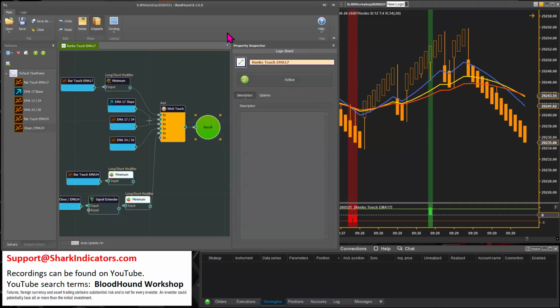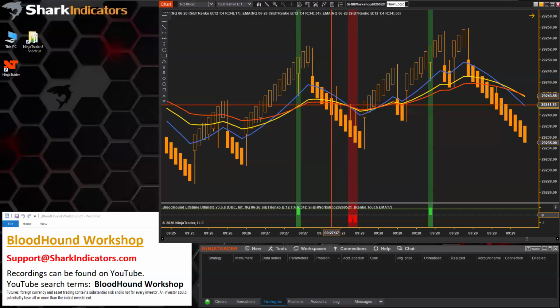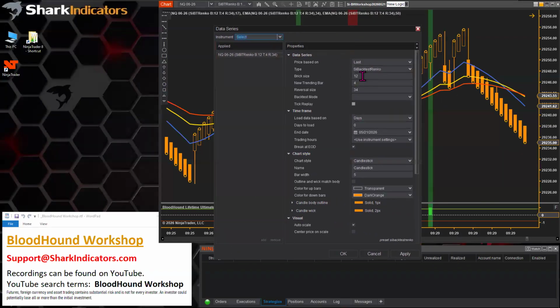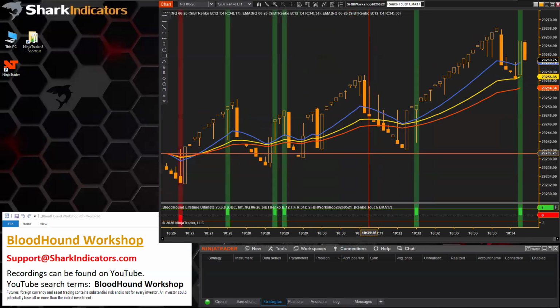All right, something like that'll do for now. All right, let's close that out. So if we take these backtest Renkos, and if we turn the backtest mode on, there.